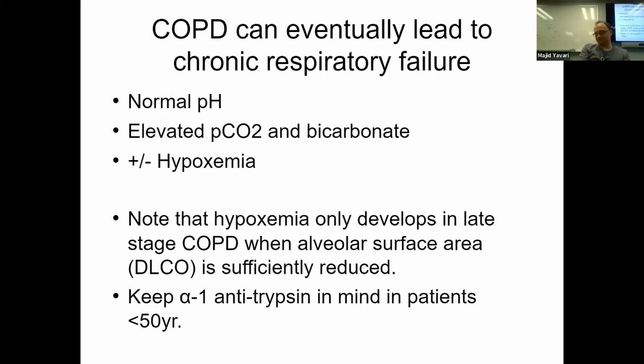The initial trial randomized people to triple therapy in one inhaler versus dual therapy, and the people on the triple therapy actually had mortality benefit. I don't think that will be on the exams at all, but it's something you should know at this point. That was the first trial analysis that ever showed mortality benefit in COPD, because usually the outcomes for COPD are surrogate markers like 6-minute walks, symptom questionnaires, reduction in admissions, and reduction in ER visits.